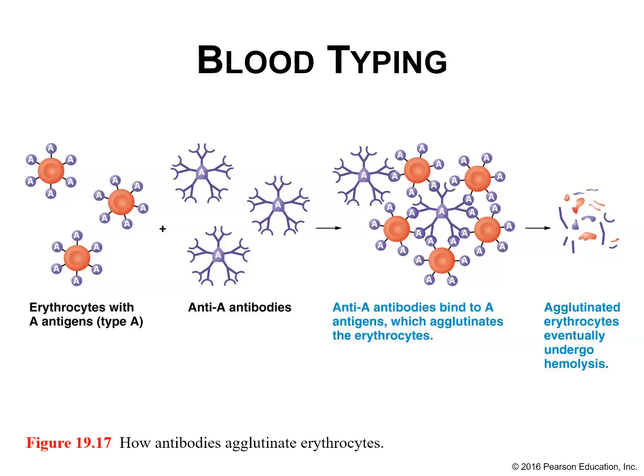The anti-A antibodies will bind to the A antigens, as you can see here. The Y-shaped form on the antibody binds to the A antigen on the red blood cell, and that causes these red blood cells to clump or agglutinate. They aggregate together, and these agglutinated erythrocytes then eventually undergo hemolysis. So that's why when you mistype blood types, they can be fatal.